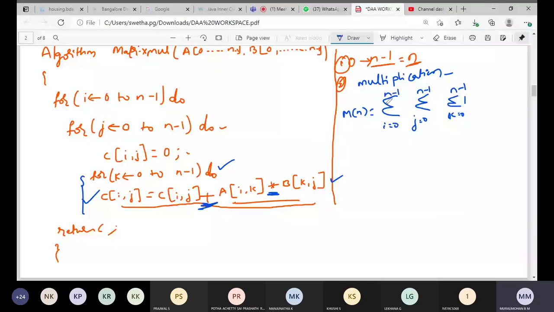Now this basic operation will be executing one time for each i, j and k. So for k equals 0 to n minus 1, this entire thing will be executing 0 to n minus 1 times, and again this entire thing 0 to n minus 1 times. Clear? Is there any doubt how we got this?